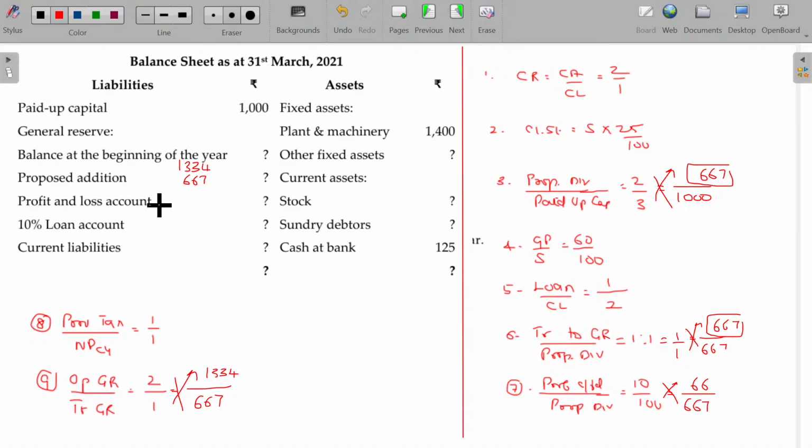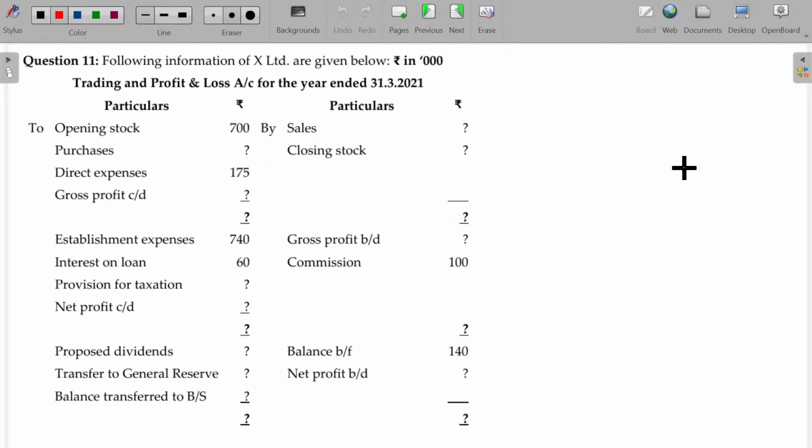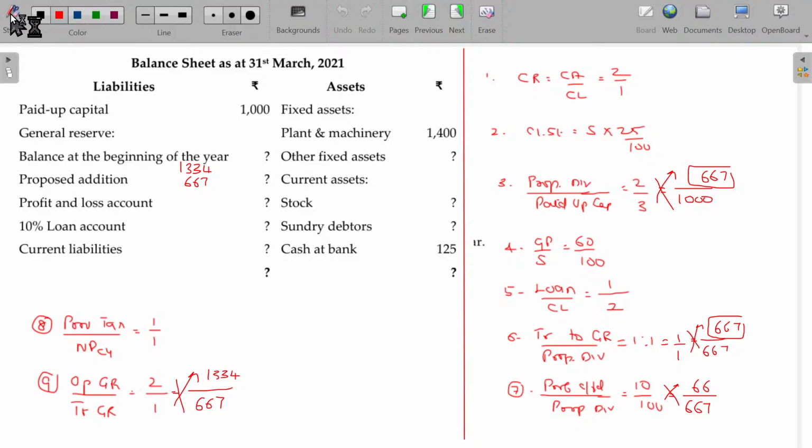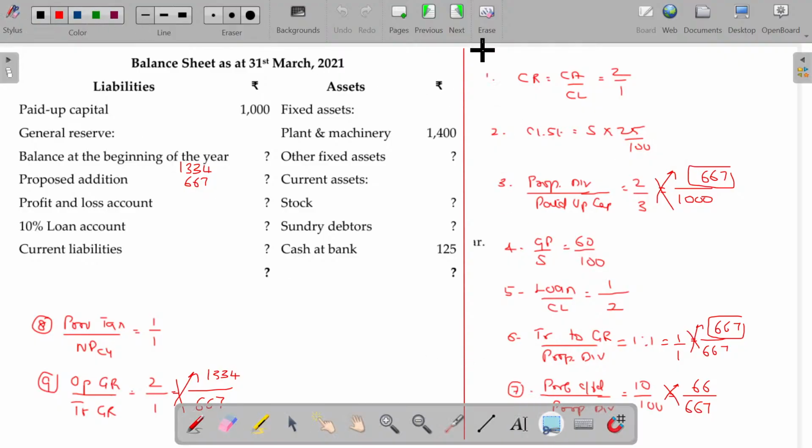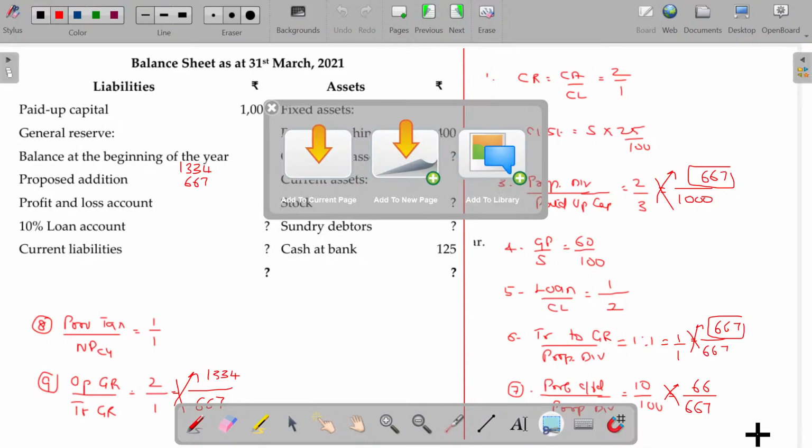And the profit and loss account. Profit carried forward is this one. What more? Loan and other things. Right. We try to post some other information from here to the income statement.